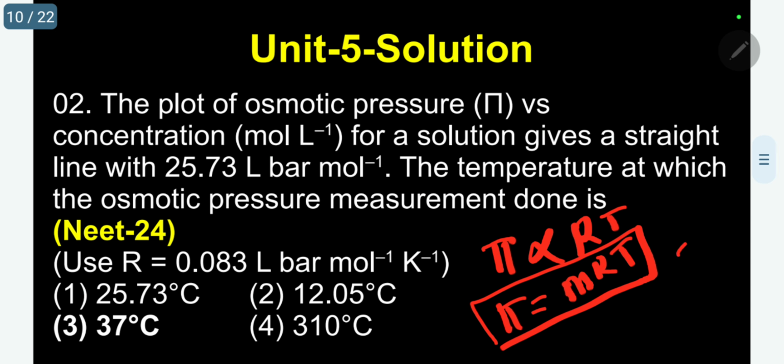So by using these equations, we have to follow. This question was asked in NEET 24. Options are given. The R value is given as 0.083 liter bar per mole per Kelvin. We have to find out only T. The pi value is given as 25.73. So we only have to find the corresponding temperature. Kindly follow.